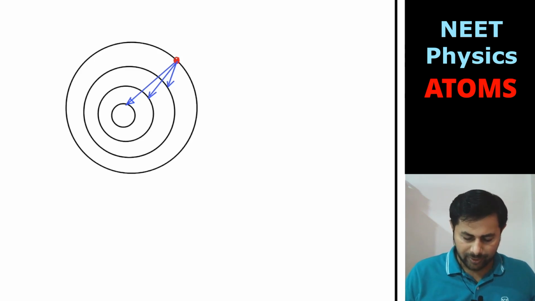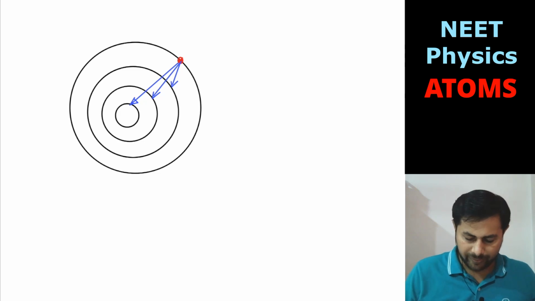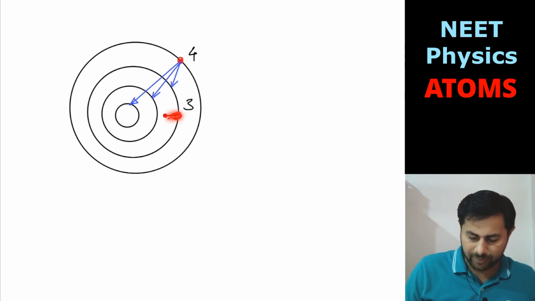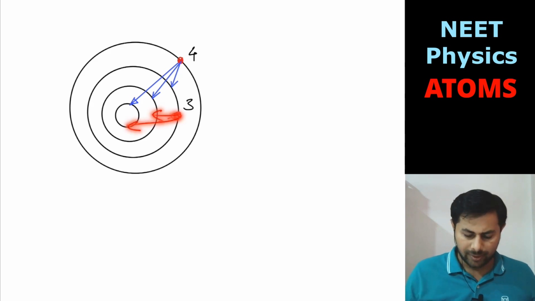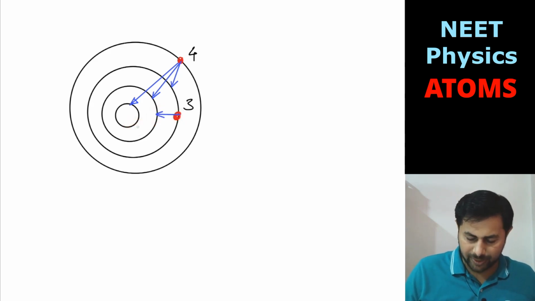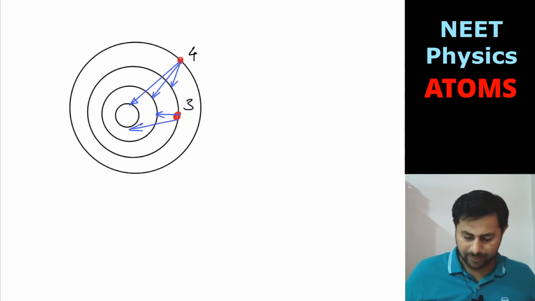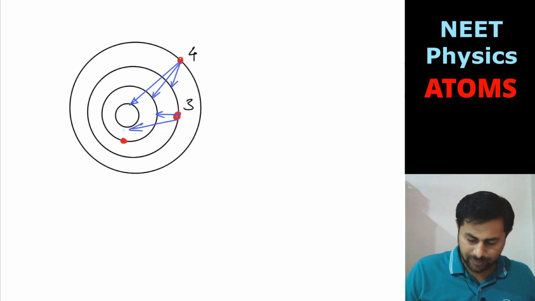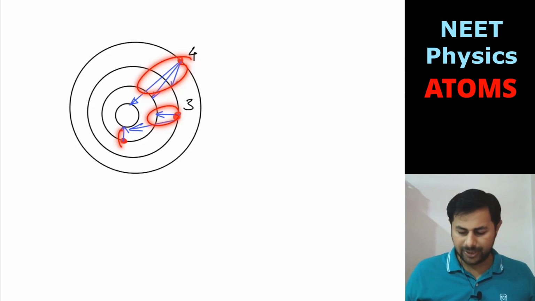Then when it goes to the third level, from there it can jump to the second and first. So this is 3 plus 2, 5 spectral lines. And when it goes to the second state, it can jump to the first state. So 3 plus 2 plus 1, that means 6 spectral lines.